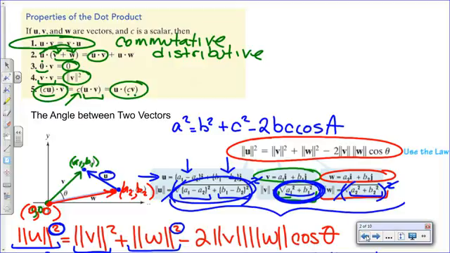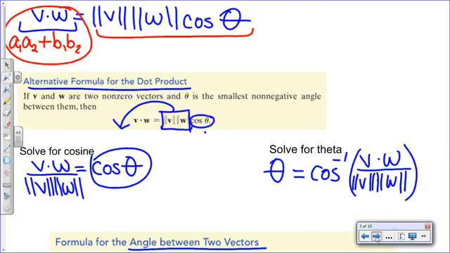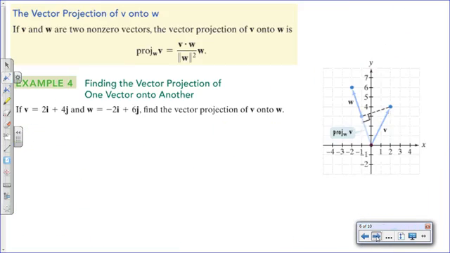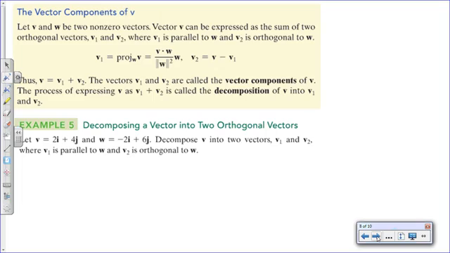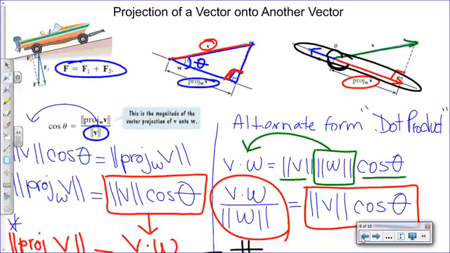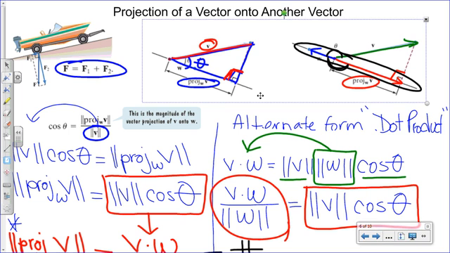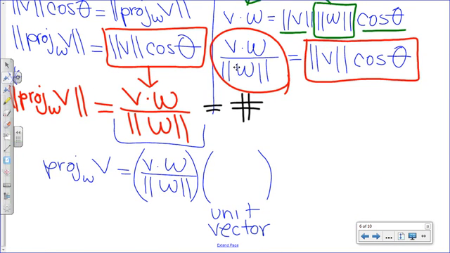Okay, this is a little weird. Maybe the unit vector was in section 6. Okay, so yeah, the unit vector was in section 6.6. But just to remind you what the unit vector was, it was a vector whose magnitude was equal to 1. And so the way we were finding those vectors was by taking the vector itself and dividing it by its own magnitude. And I should use W instead.